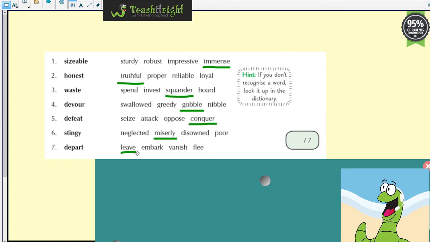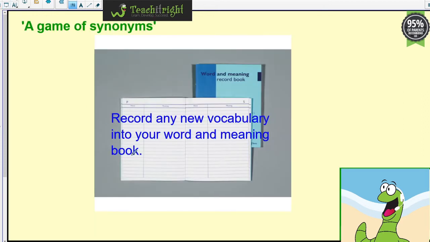Now, again, really important. We've obviously gone through these words. Please, if there are any of these others you don't know, that robust means strong, or that nibble is to have a small bite, or that neglect is to not look after, you need to learn these words. My recommendation for how to use this book is, if you don't know a word, rather than going straight to your word and meaning book, which if there are a lot of words can be quite challenging, actually just write in the space underneath, because it speeds you up.